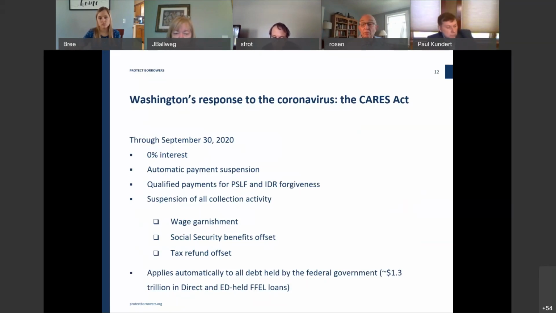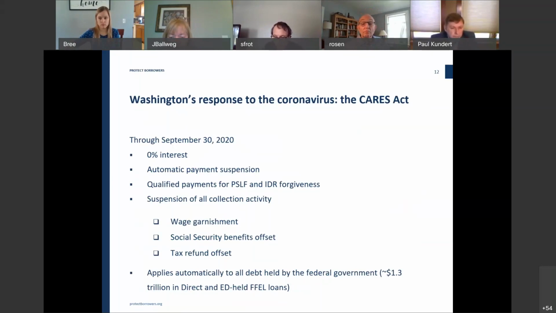Again, that was supposed to be paused, but we'll get to this. So to sum up, for all of the debt that taxpayers are on the hook for, that the federal government holds, which is around 1.3 of the nearly $1.7 trillion, Congress just put a pause on this through September.